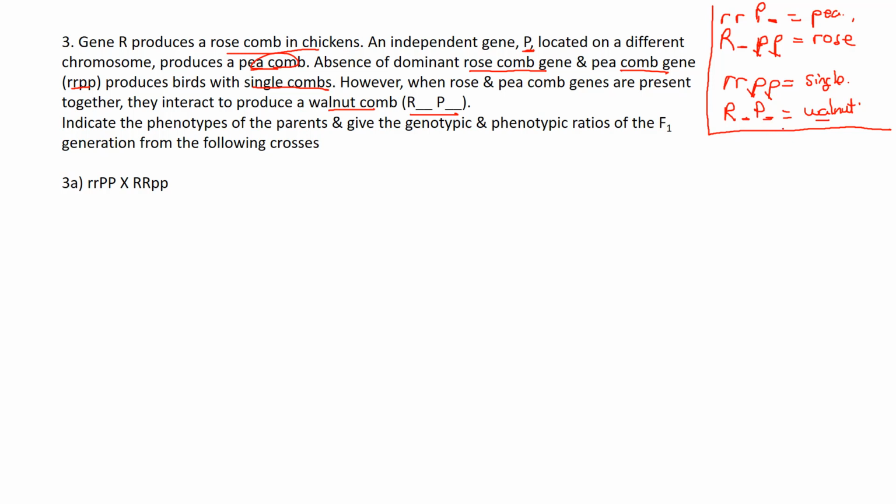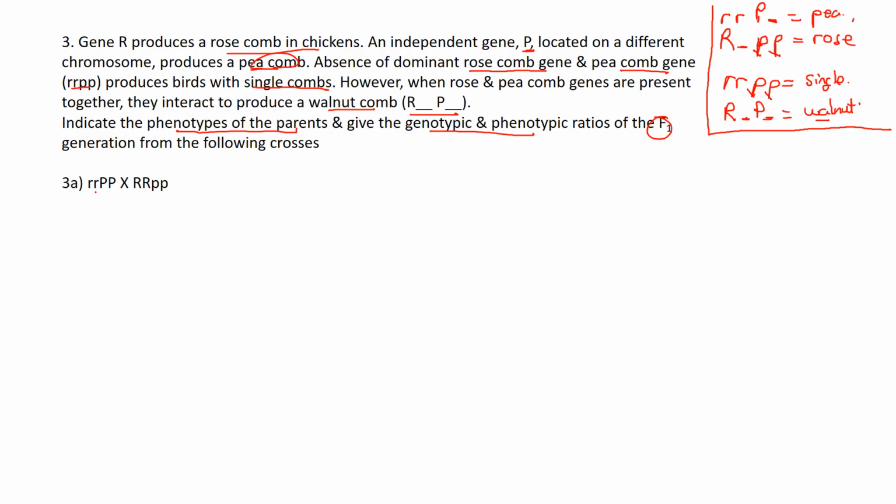Email me if you don't quite get that, but you can see that when I have both of them recessive, it's single. When I have at least one of them each dominant, capital R, capital P, walnut. That's how we were able to determine that if I have a capital P with two little r's, it's a pea comb, and capital R with two little p's, rose. Okay, so now it says indicate the phenotypes of the parents and give me the genotype and phenotypic ratio of the F1 generation of the following crosses. Here's the first one.